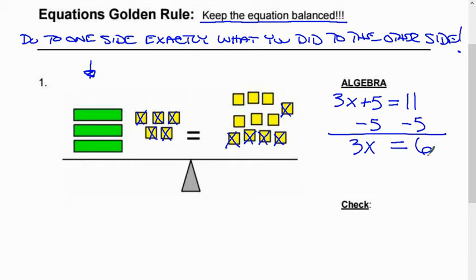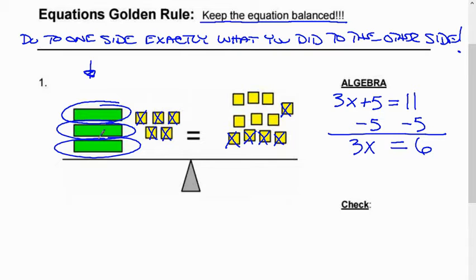So our variables are alone, but we have multiple variables. I don't want to know the value of 3x. I want to know the value of just 1x. So what I'm going to do is split my left-hand side into groups so that each group has only one variable in it. I'm going to have to create 3 equal groups on the left-hand side.